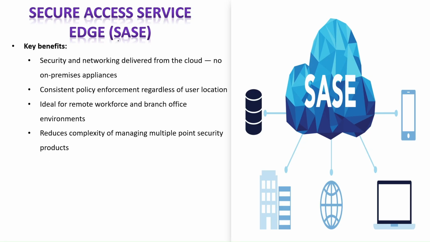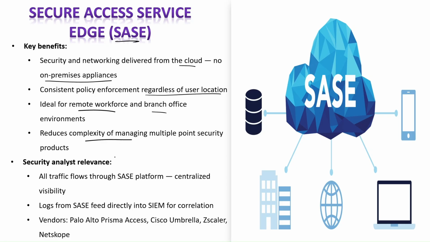Key benefits of SASE include that security and networking are delivered from the cloud, no on-premises appliances are required, and consistent policy enforcement regardless of the user location. It is ideal for remote workforce and branch office environments, and it reduces the complexity of managing multiple point security products.